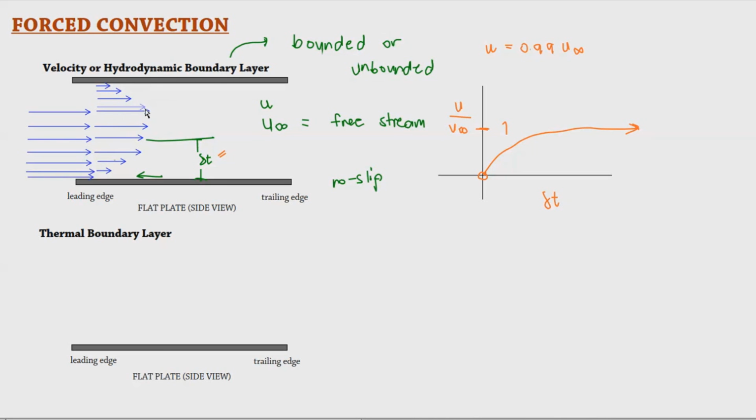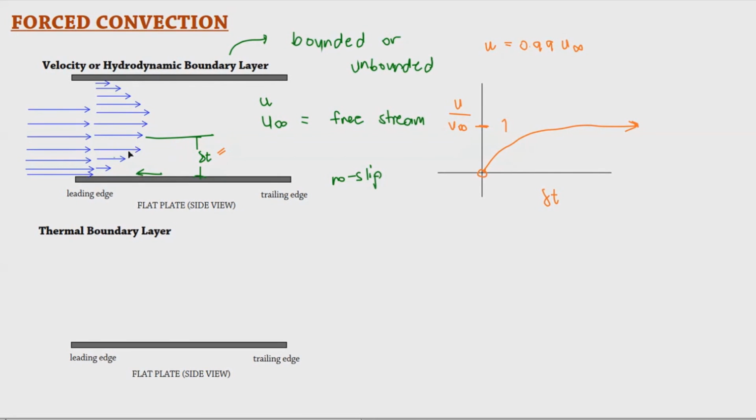So this is how it goes when we have a hydrodynamic boundary layer, bounded boundary layer. Can you see clearly that this looks parabolic? That's how it goes for fluid in pipes.